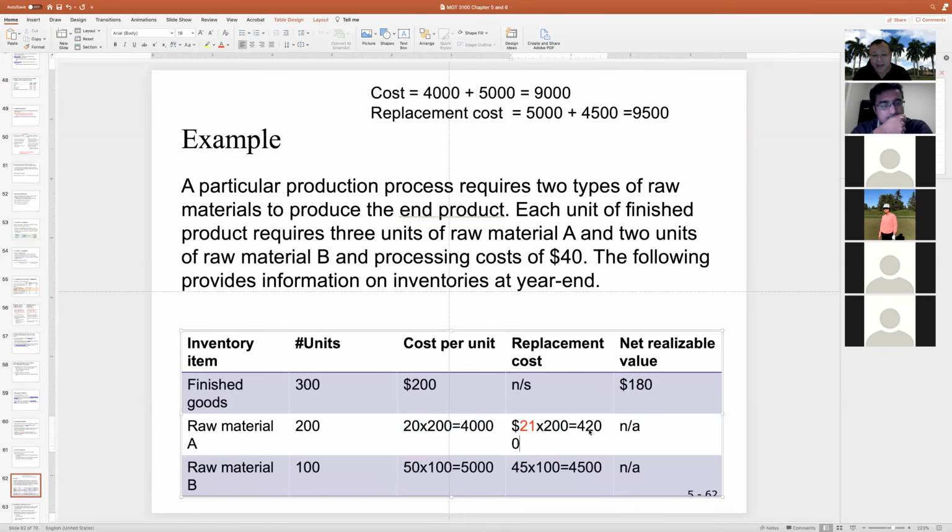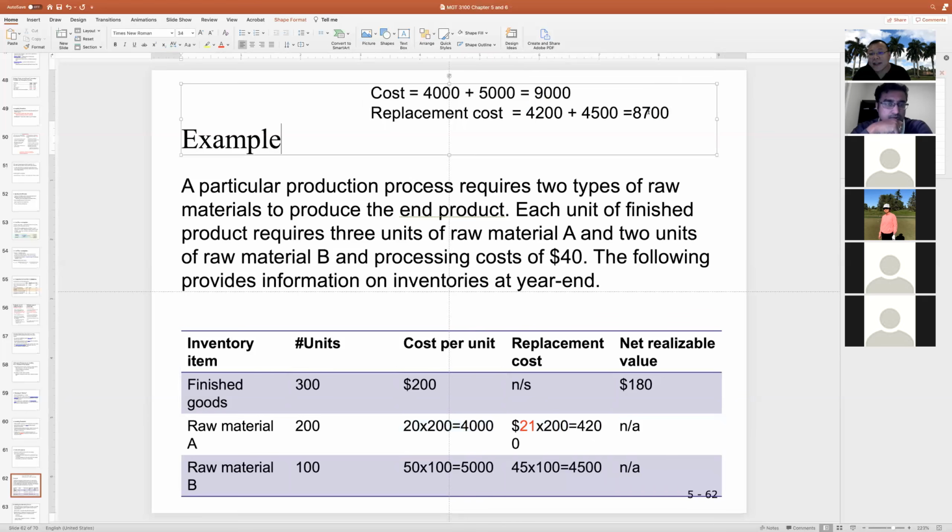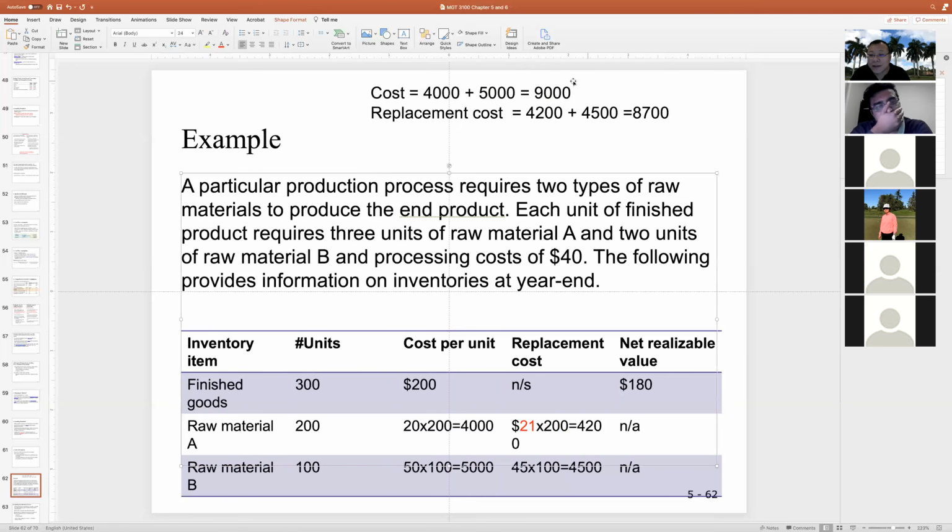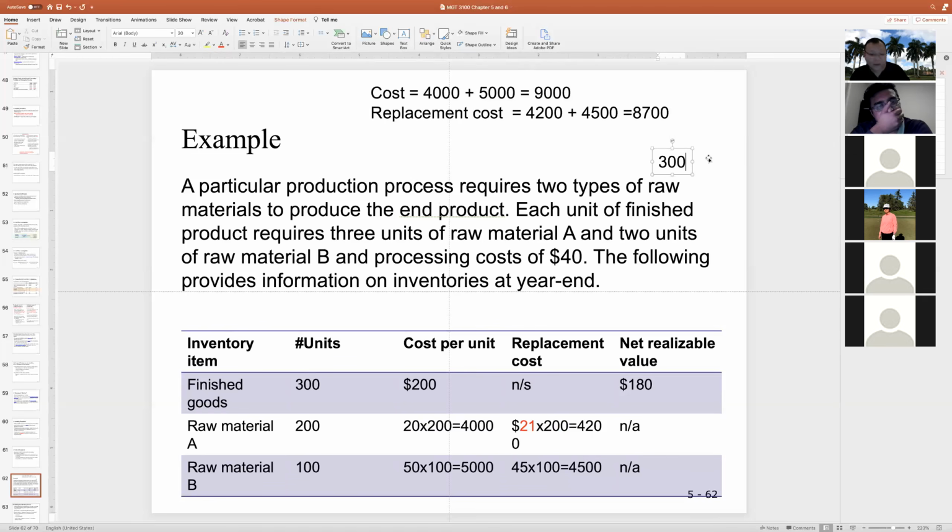So my 4,200 plus 4,500, I have 8,700. So now as a group, the raw materials replacement cost is 8,700. The cost is 9,000. So the lower of these two is 8,700. So you have to recognize an impairment of 300.